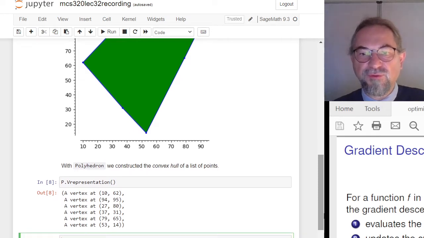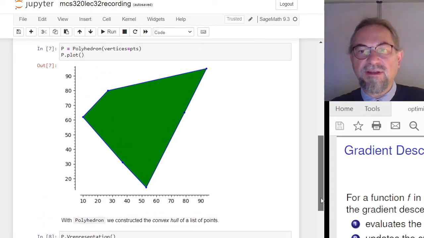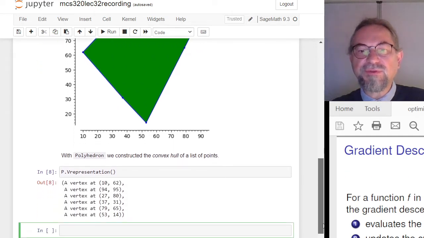So see, if you choose a little bit random numbers, then it looks as if this has only 4 corners, but there are 2 points that are seemingly not on the corner. So this is interesting.